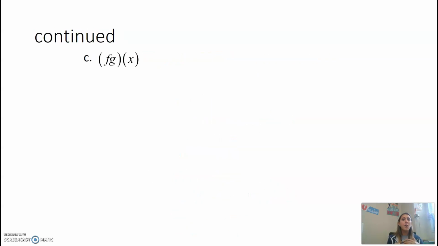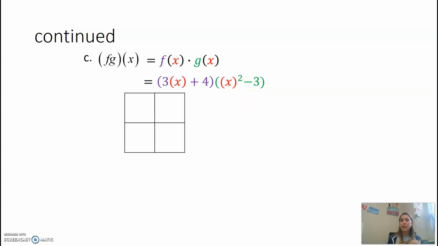Alright, so we're going to do f times g of x, and so we get 3x plus 4 times x squared minus 3. Well, now that gives us a binomial times a binomial. And typically, the way that we will do this, you don't have to do it this way.